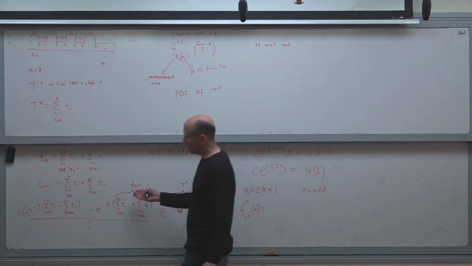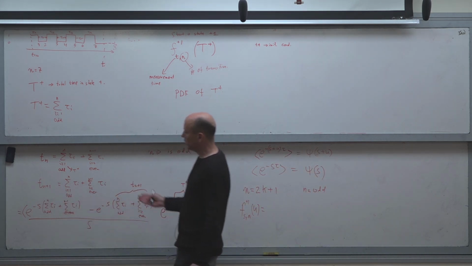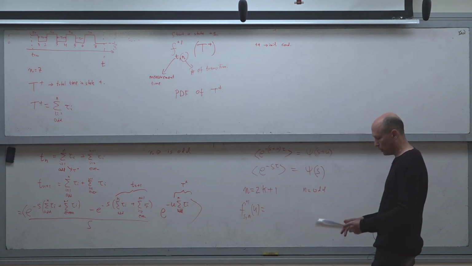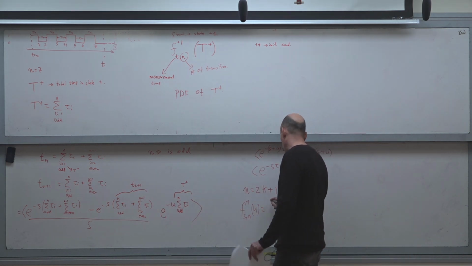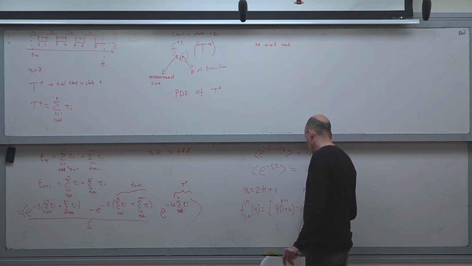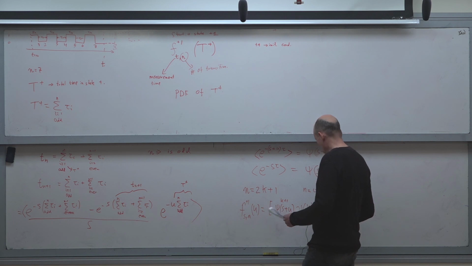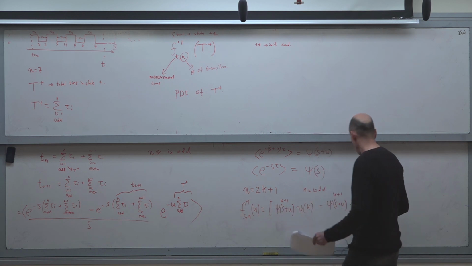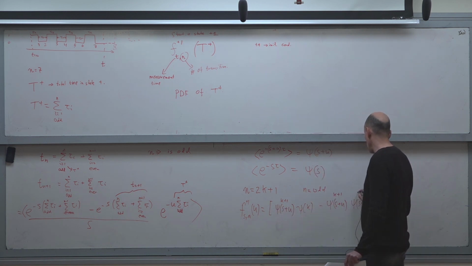I just calculate how many odd ones I have, how many even ones, when n is this number, and you get the following expression: psi(s+u) to the power k plus 1, psi(s) to the power k, minus psi(s+u) to the power k plus 1, psi(s) to the power k plus 1, all this divided by s.